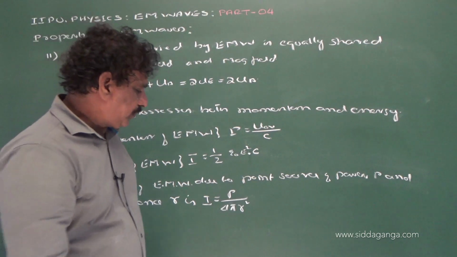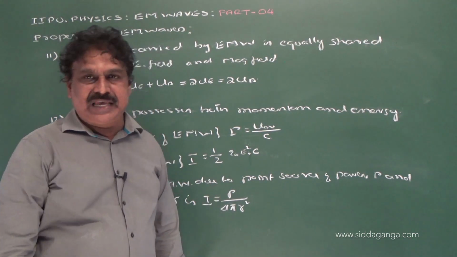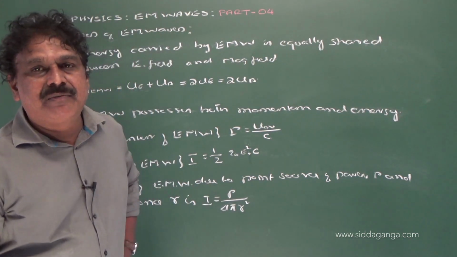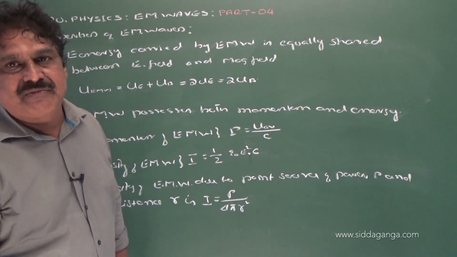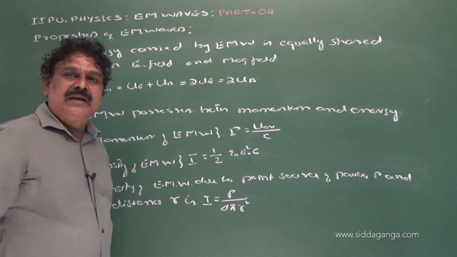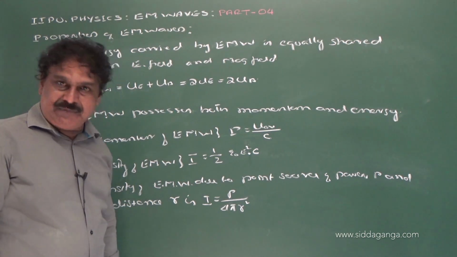Now, we have discussed the same, the intensity of progressive wave, the power of the source of a wave, etc. They are having light bulbs.